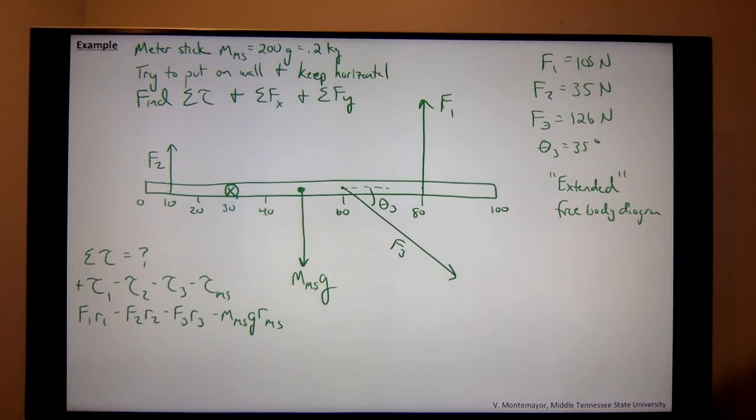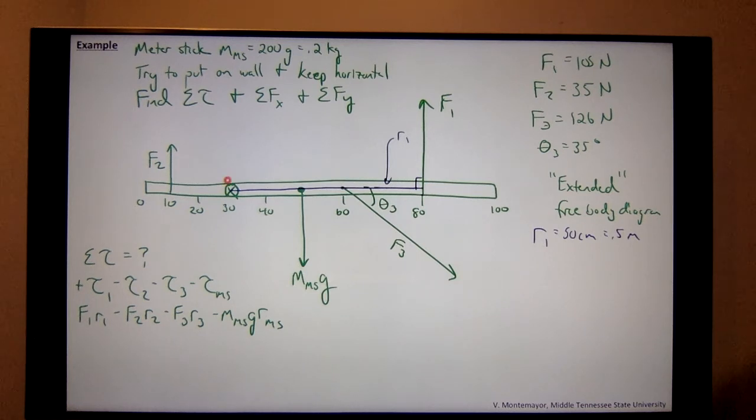Okay, so we need to go back to the diagram, and let's start with force 1. So my axis of rotation here, I need to draw a line that's perpendicular to the force from that axis of rotation. So that's going to be R1. I can just look at that and see that it goes from the 30 centimeter mark over to the 80 centimeter mark, which is 50 centimeters. So R1 is 50 centimeters, which is 0.5 meters.